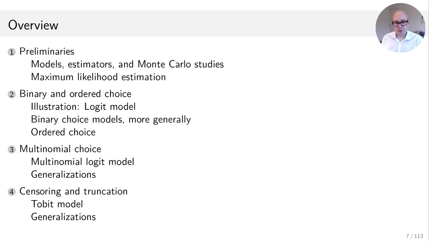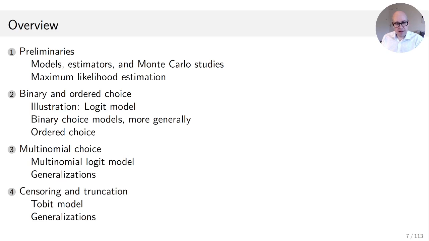In the second half of the course, it will be more like OLS and IV estimation. Maximum likelihood estimation is more prominent here because we're going to formulate models and we're going to estimate these models. And the traditional way of doing that, or one traditional way of doing that, is maximum likelihood estimation.